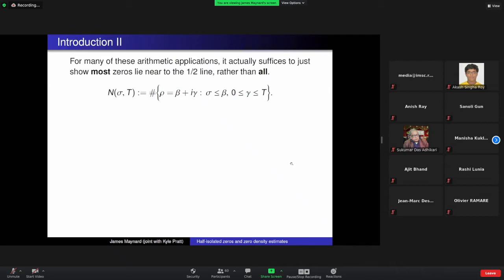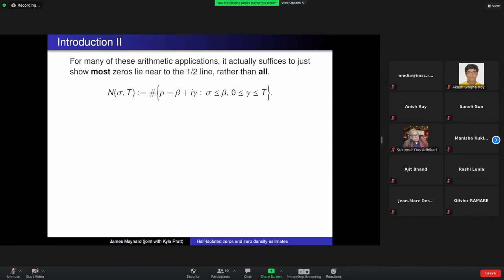For lots of these arithmetic applications towards primes, certainly not all of them, it's often sufficient to show that most zeros lie close to the half line rather than all zeros.